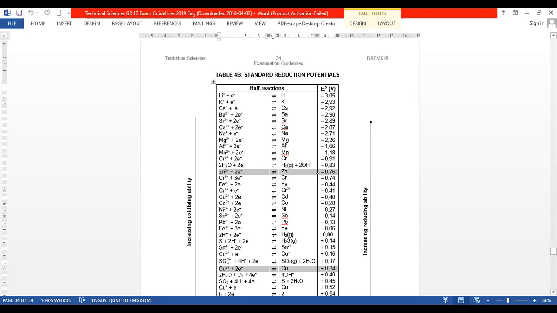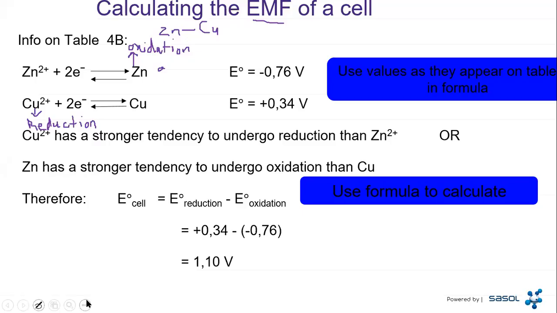Then we just note the reduction potential for zinc, it's negative 0.76, and for Cu2+, it's positive 0.34, right? So we go back. There we go.